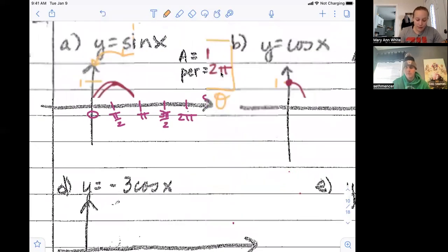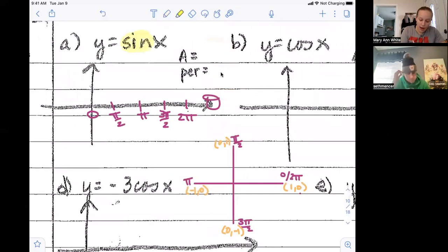When we are talking about sine, we're talking about the y values. So at each angle, I'm going to graph their y point. At 0 and 2 pi, my y is 0, so I'm going to graph 0 for my sine at the angle 0. At pi over 2, my y is 1, so I'm going to go as high as 1.